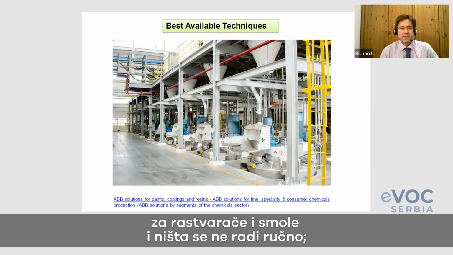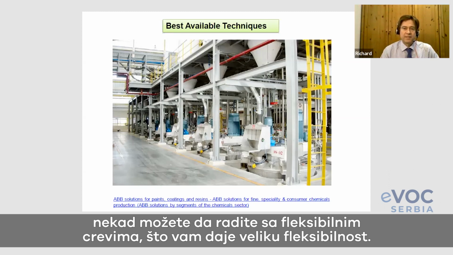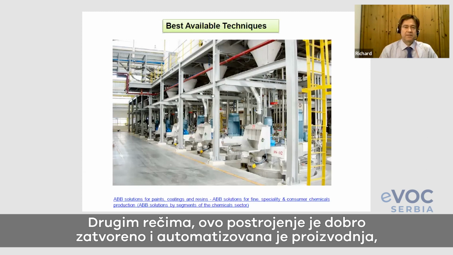That means all that lines are coming from solvents and resins. So nothing is done manually. And in some cases, you can use flexible tubes. So you have a high flexibility. In other words, that installation is done in a very closed and automatic way of production.